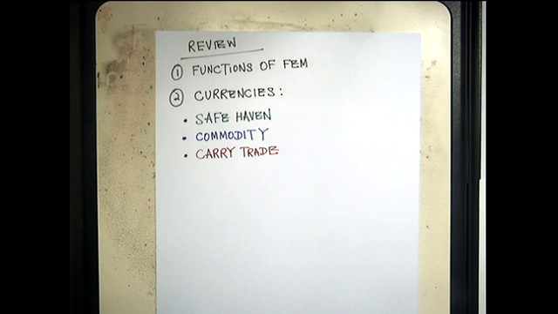So what are examples of safe haven currencies? US dollar, Japanese yen, and the Swiss franc. The US dollar is quite straightforward to understand as to why it is considered a safe haven, partly because of its strong economic fundamentals and the fact that it has such a big influence on the rest of the global economy.